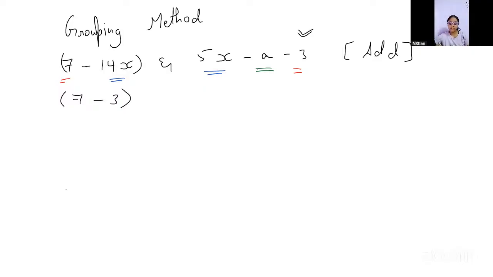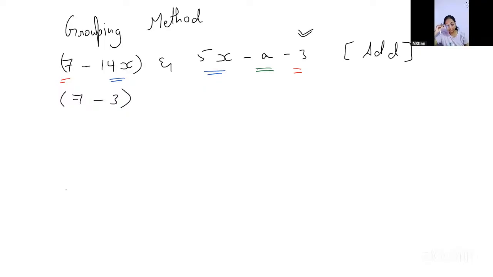Yes. When you are grouping, the sign ahead of the number will move as it is. When you're solving, that time signs are going to change. Right now we are just putting them together, so the signs will come as they are. But when we solve them, the sign will change if needed. Okay.